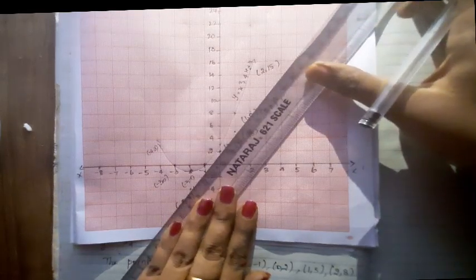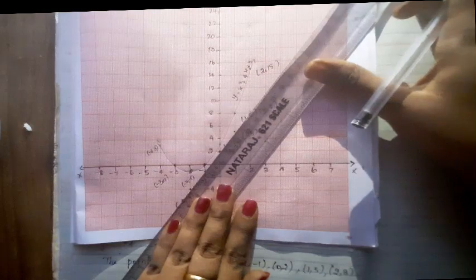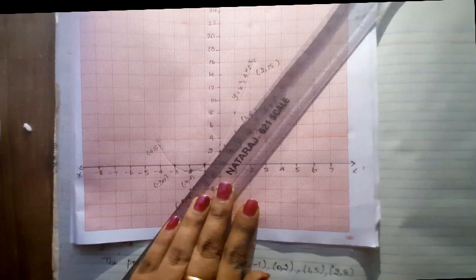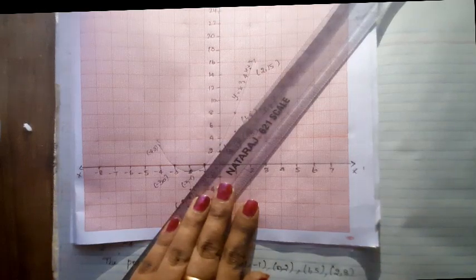So the points are here now. You can join the line.